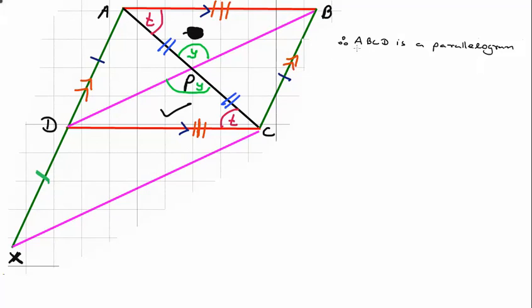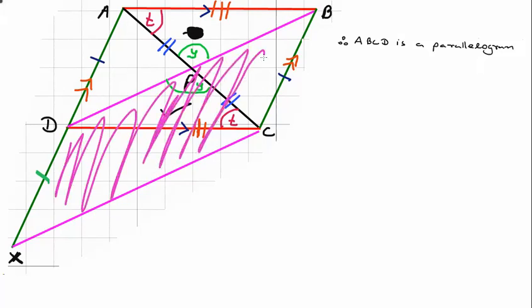So looks like our plan is working well. What's the next thing I'm trying to do? I'm trying to prove that BCXD, that is this pink color quadrilateral, is a parallelogram. Let's see whether I can do it.